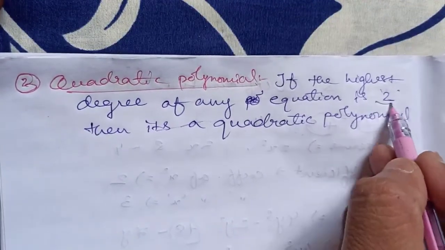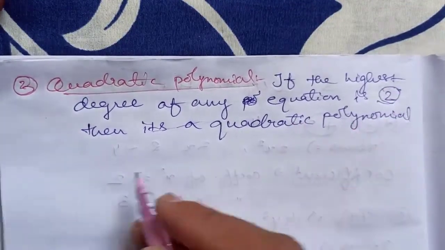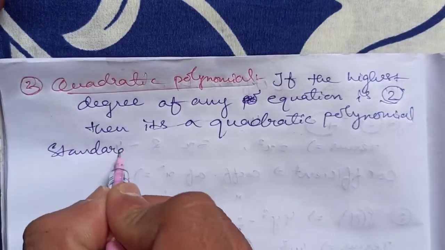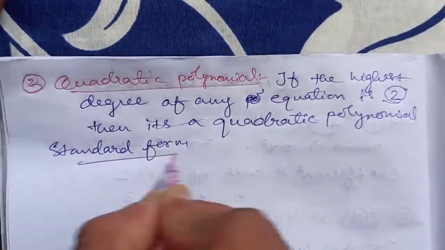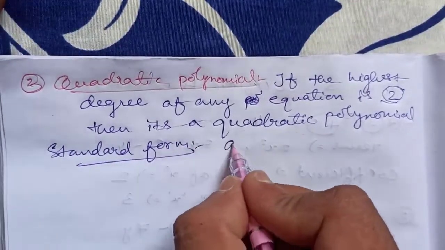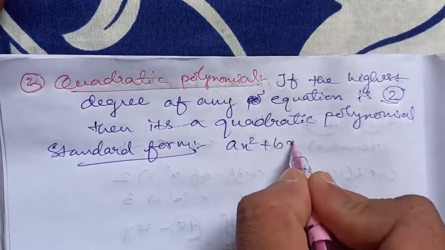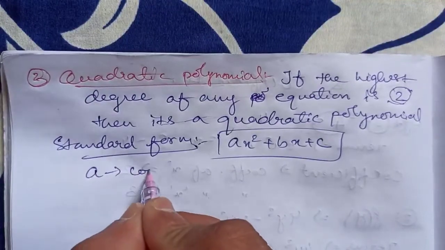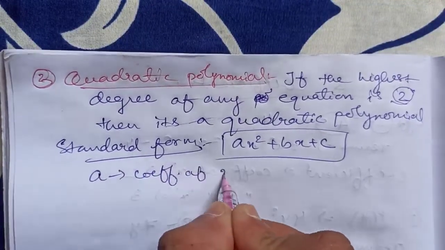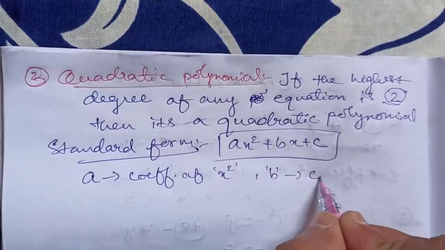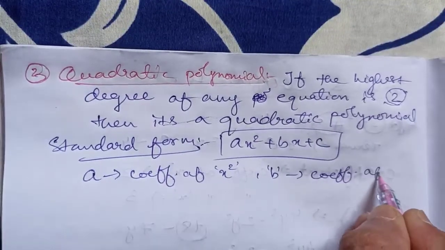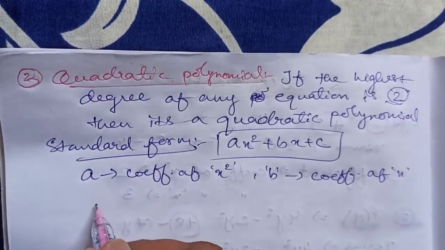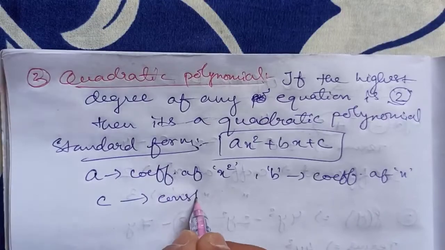If the degree of the polynomial is 2, then it is a quadratic polynomial. Its standard form is ax square plus bx plus c. Okay, what is a? A is coefficient of x square, b is coefficient of x, and what is c? C is a constant term.